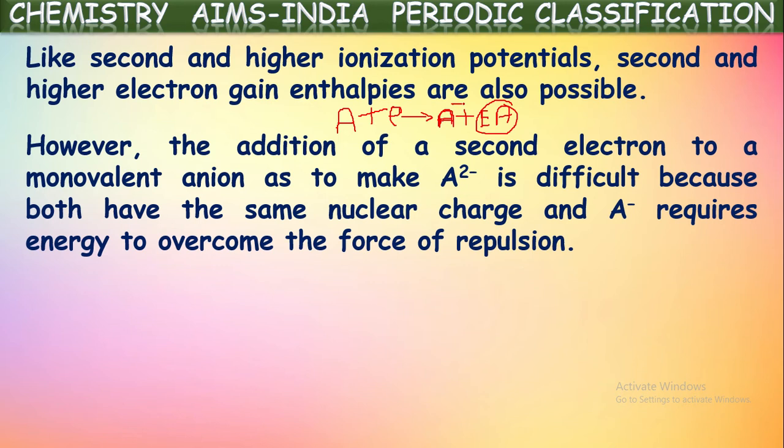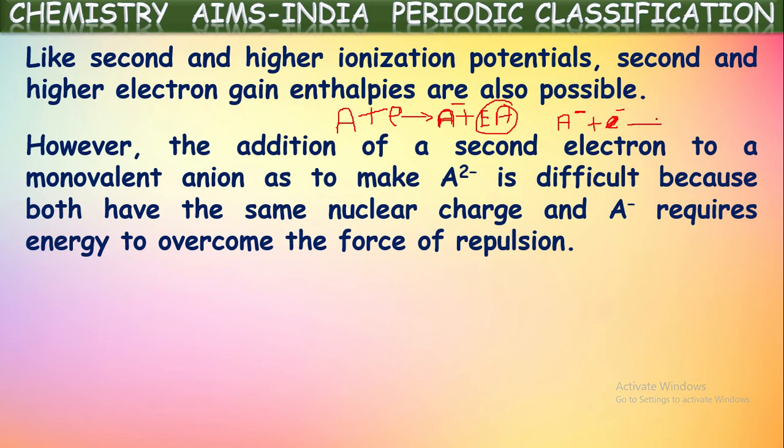Now this element has become a negative anion. Already there is one extra electron. If we add one more electron to this negative anion, then what happens? There are more repulsions between the already existing electrons and this new additional electron. Nuclear charge is less, the number of electrons is more in this case, and we are giving one more electron in addition to that. Then more repulsions occur.